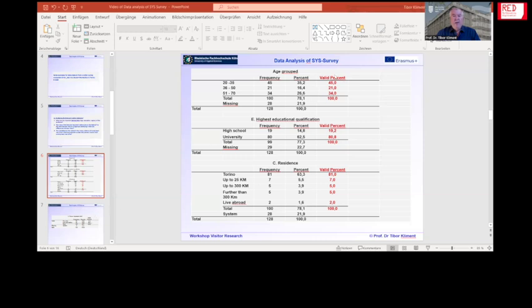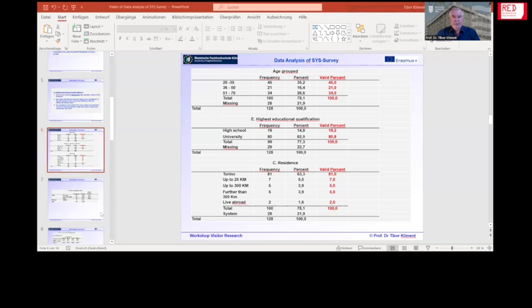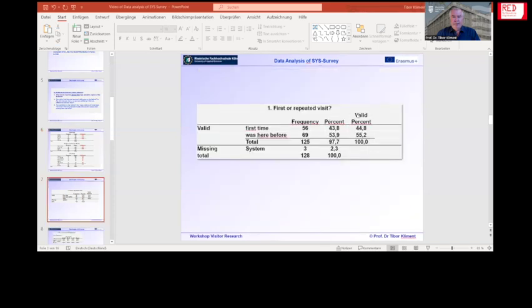So this is a very simple analysis just by looking at the distribution of frequencies among different subgroups we have. We also, as I mentioned, want to know what is the share between first-time visitors and regular visitors who have been to the festival before.